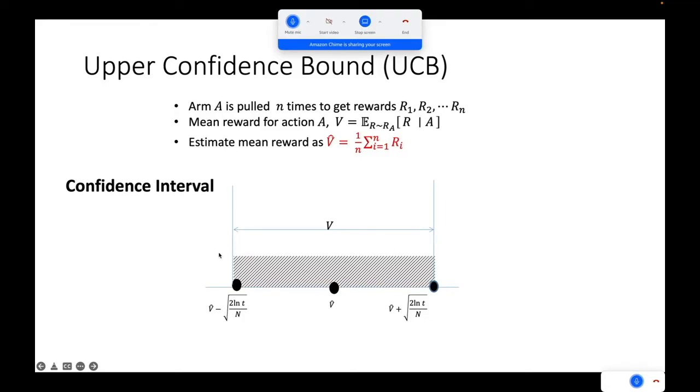A confidence interval has two limits, low and high, and at the center, we have our estimate. This interval is constructed in a particular way so that this property holds. The upper end of the interval is called the upper confidence bound, or in short, UCB.